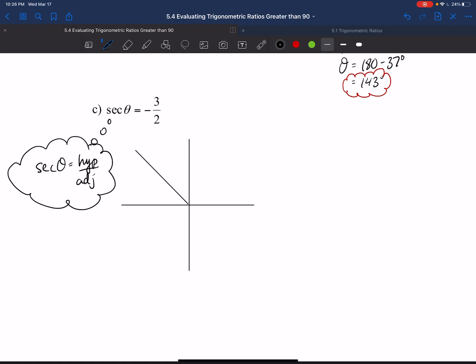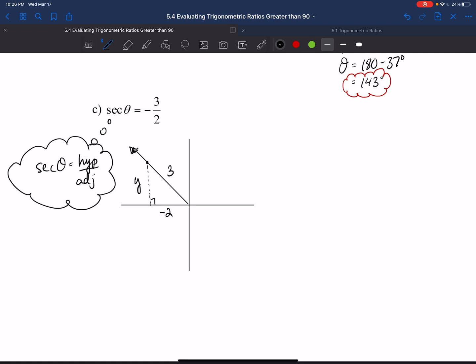Again, we know it's in the second quadrant, but I'm going to show you something later if it's not in the second quadrant. So if the hypotenuse is 3 and the adjacent side is 2, the hypotenuse can't be negative, right? So the radius can't be negative, only x can be.